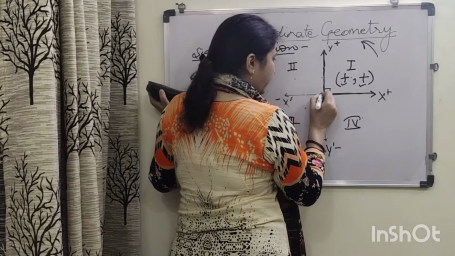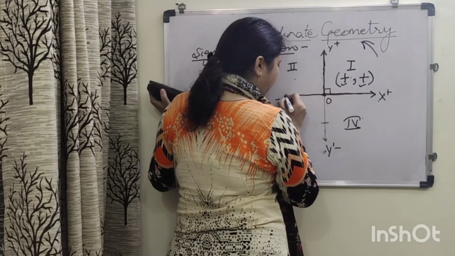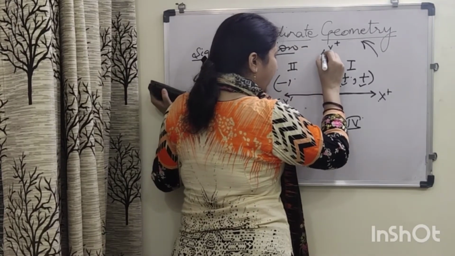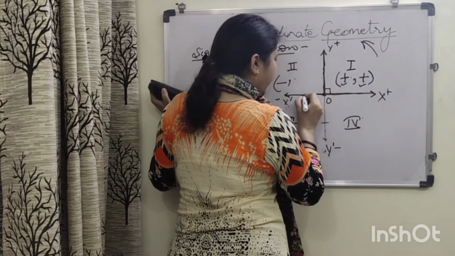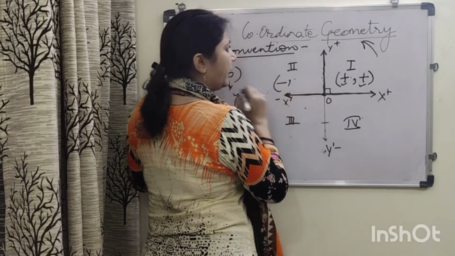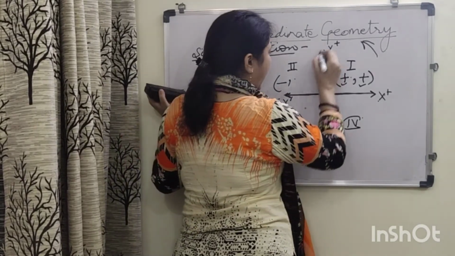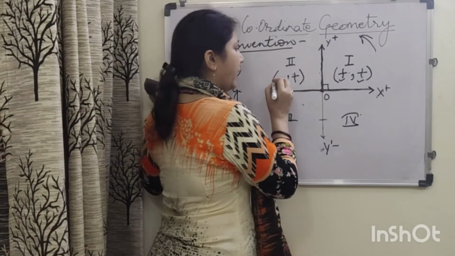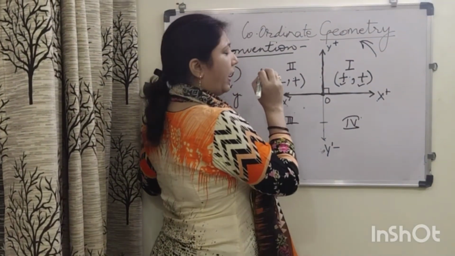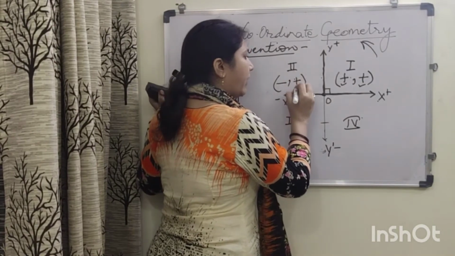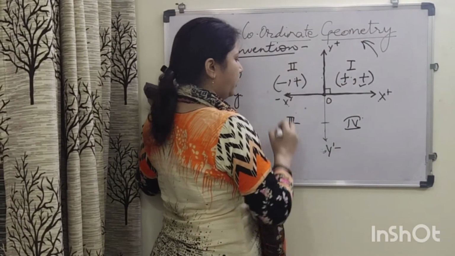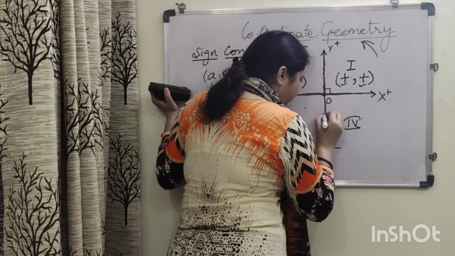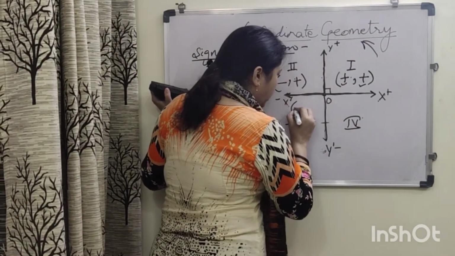Now coming to the second quadrant, looking for x value first, that is negative, because this reversed L contains the negative direction of x-axis and positive of y. So the point whose x coordinate is negative and y is positive will lie in the second quadrant. Now look for third quadrant. First x, then y, both negative.